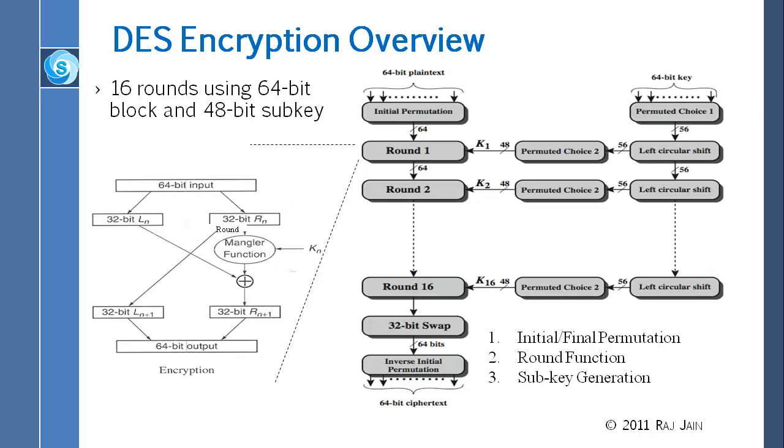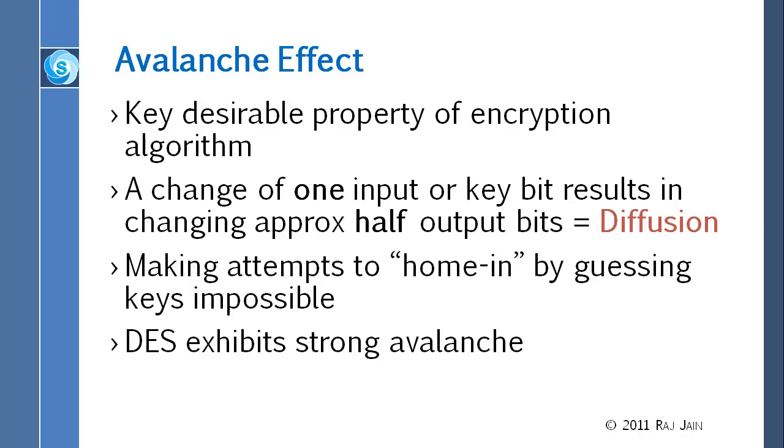You start with the K16 key, then K15. So you use the last key first, and everything else is just a reverse of that. So you don't even have to go backwards. All you do is use the keys backwards, the logic works forward. So decryption is straightforward.